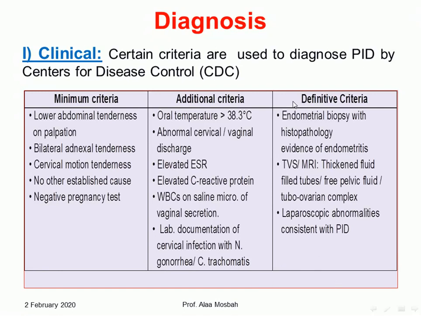The last item, which is definitive criteria, the conclusive one, like endometrial biopsy with histopathology giving me evidence of endometritis, or transvaginal sonography or Doppler ultrasound or MRI with thickened fluid-filled tubes, free pelvic fluid, tubo-ovarian complex, or hyperemia, hypervascularity of the tube by Doppler.